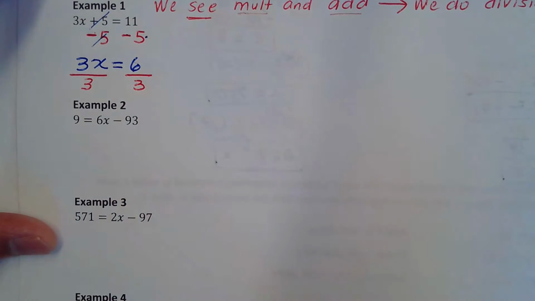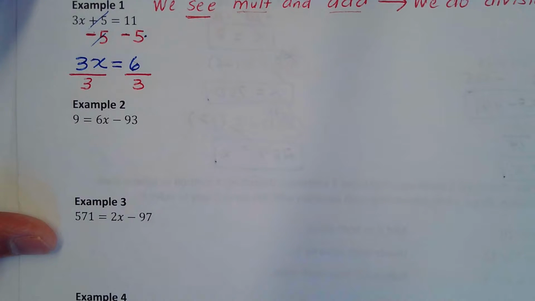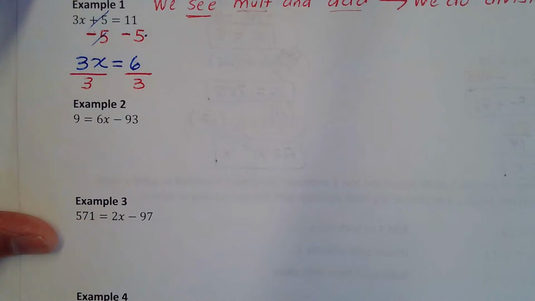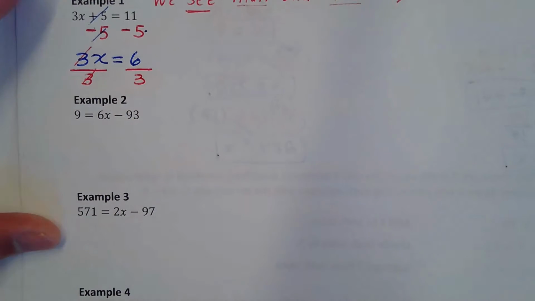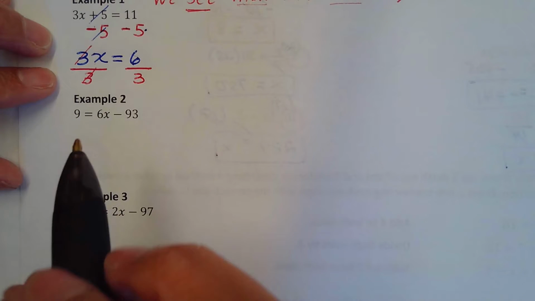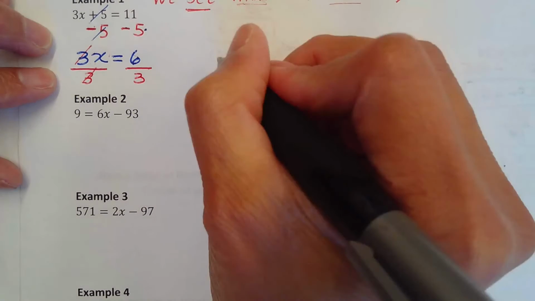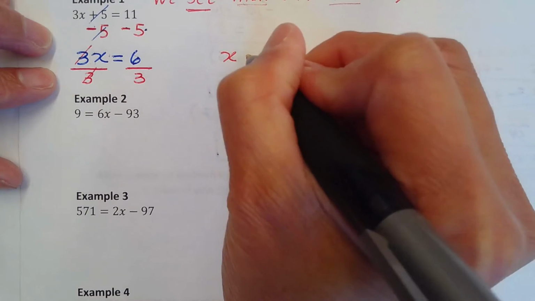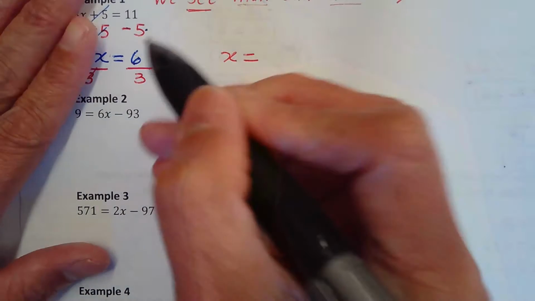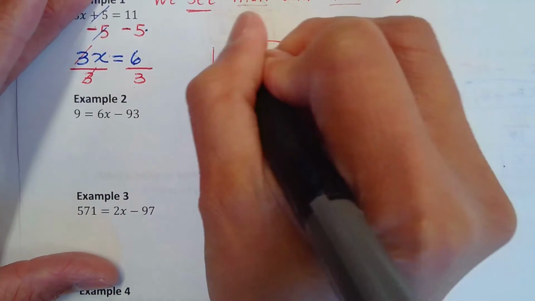Remember, our main goal is to have the x alone. So the 3's cancel. What's left over? On the left side, it's just x equals 6 divided by 3, which is 2.